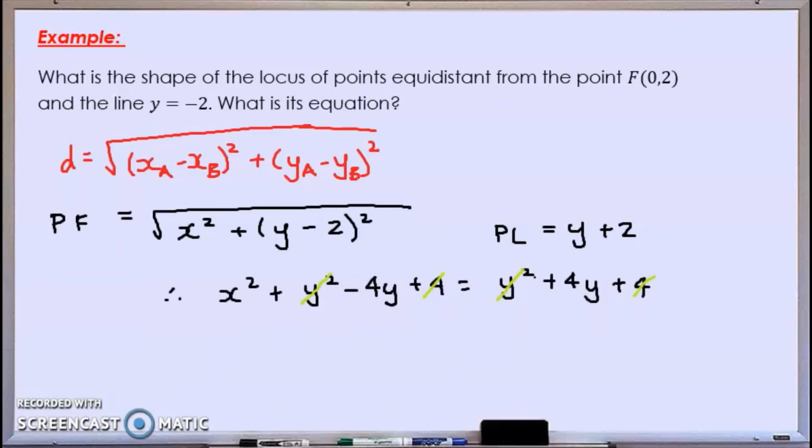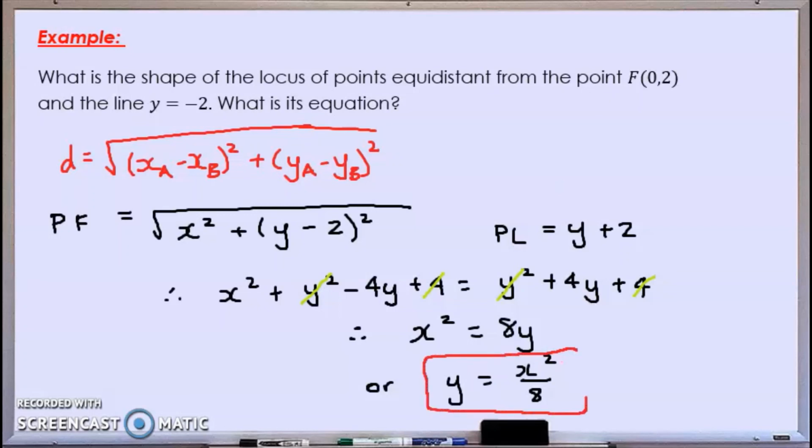And once I take my 4y over to the other side, I'll end up with x squared equals 8y, or more correctly, y equals x squared divided by 8. So the equation of this locus of points is y equals x squared divided by 8.